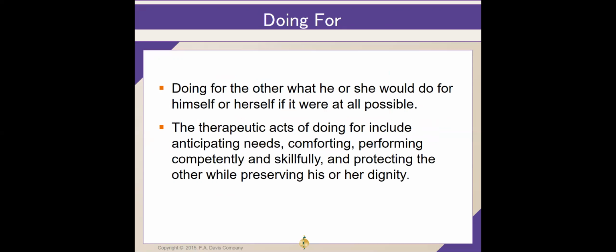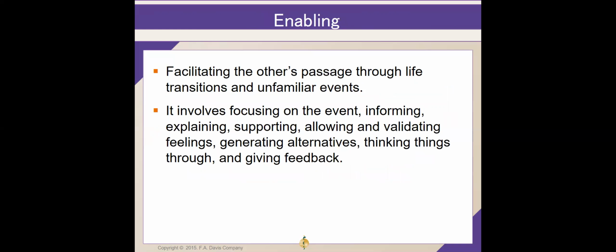Doing for: doing for the other what he or she would do for himself or herself, if it were at all possible. Therapeutic acts of doing for include anticipating needs, comforting, performing competently and skillfully, and protecting the other while preserving their dignity. Enabling: facilitating the other's passage through life transitions and unfamiliar events.